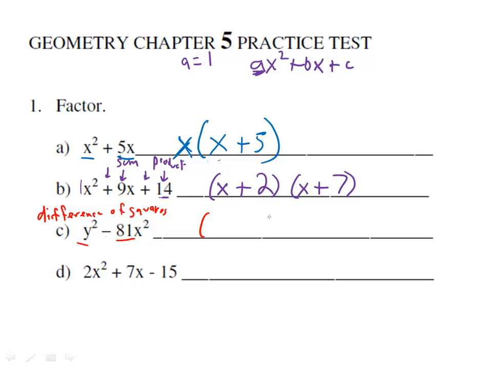So you should know this about difference of squares. How you recognize it: you got only two terms, there's subtraction in between, and both terms are perfect square values. Again, I got y squared, so we have y, and then what is the square root of 81x squared? That would be 9x.